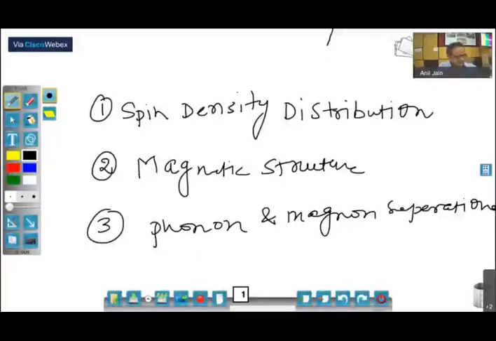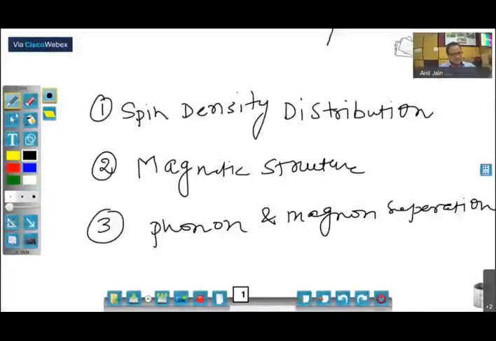So in this lecture, we will first learn how one can produce polarized neutron beams. So I will start with the double differential scattering cross section for the magnetic scattering.